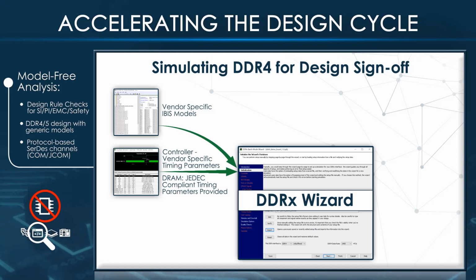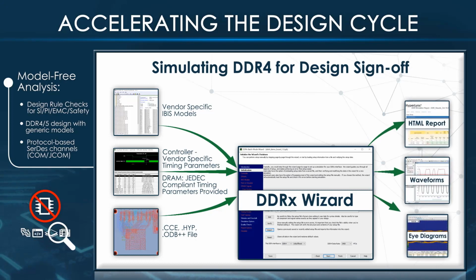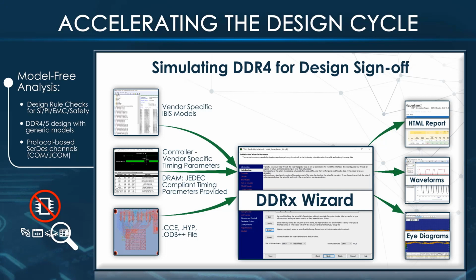You can analyze DDRX in the pre-layout phase, but a lot of people do it once they have their board laid out and designed. And then the outputs are going to be a number of reports, as well as waveforms and eye diagrams.